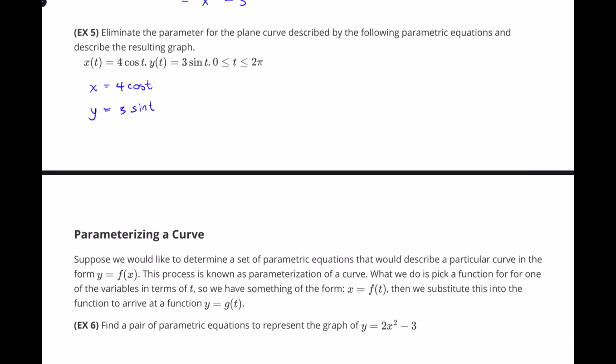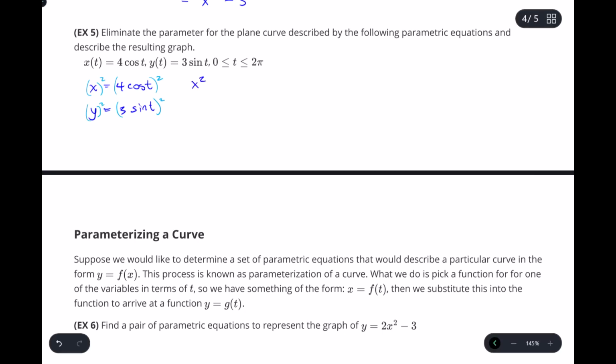And t is on the interval from 0 to 2 pi. Now, in order to work with these types of parametric equations and change them into rectangular form, one thing that I find easiest to do is square both sides of the equation. Okay, for both equations, that is.